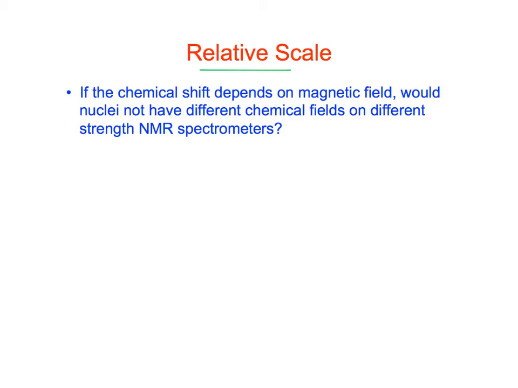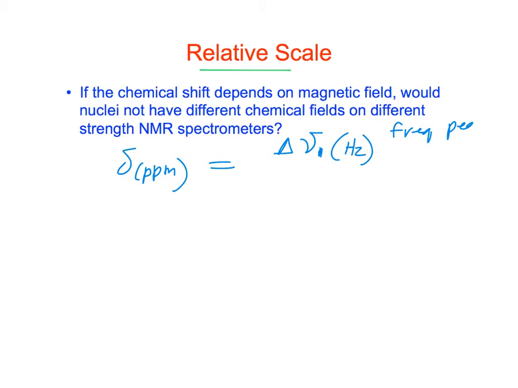And this is referred to as the delta scale, and this is in parts per million, okay? So this is calculated based upon the difference in the frequency. This difference is the frequency of a given peak from our reference.